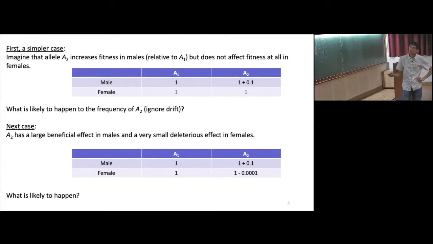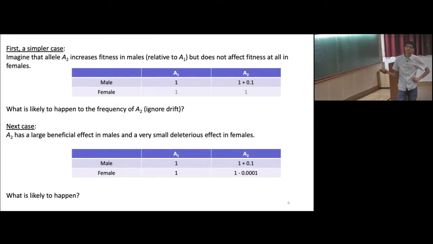Okay, what about this next case, where the A2 allele still has this same large beneficial effect in males, but has a very small deleterious effect in females? So here it's causing this big advantage in males and this very tiny disadvantage in females. Your intuition will be correct, I think.